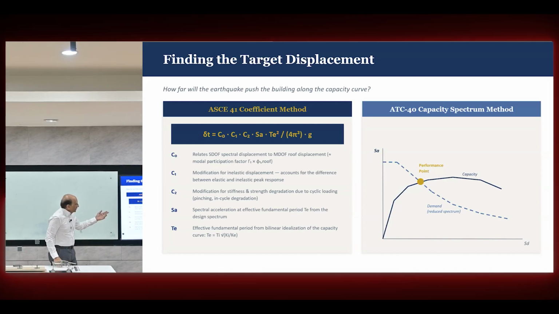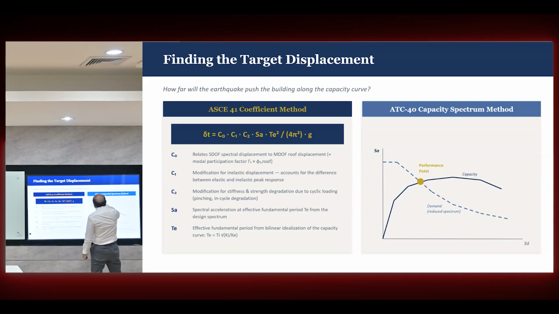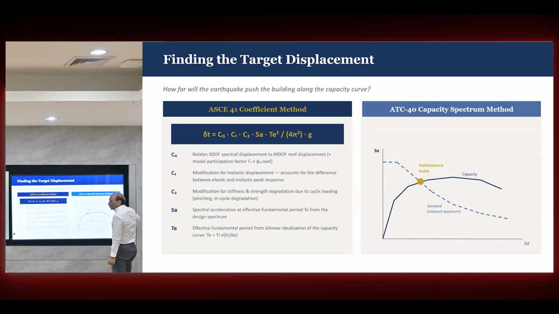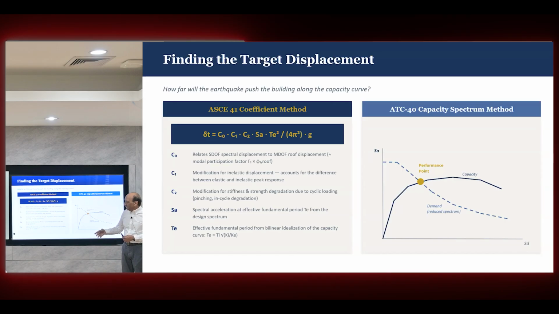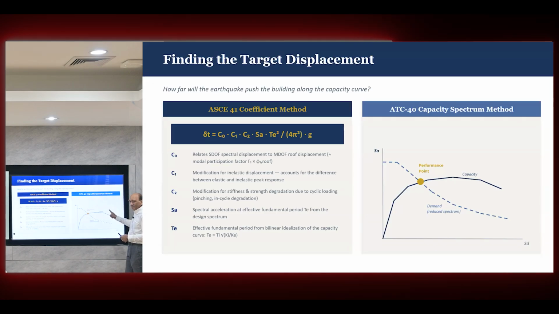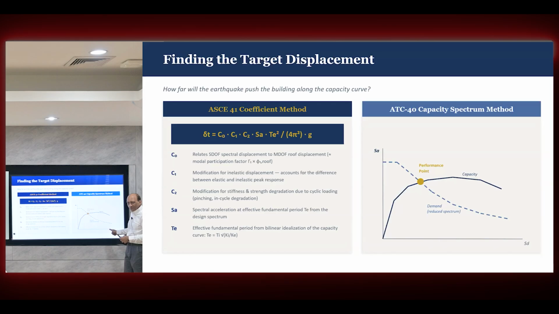Now imagine that the earthquake is too high, so the earthquake will be above this one. That means your structure is too weak. It never reached the demand, so your structure will fail during the earthquake. Or they meet somewhere here, and the displacement is too large, unacceptable displacement.